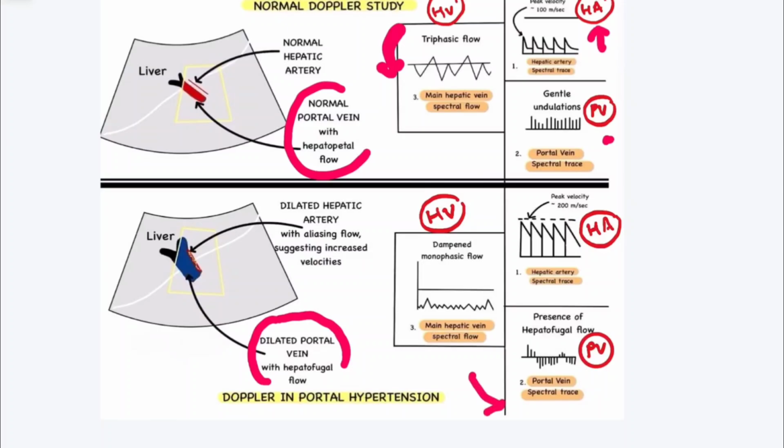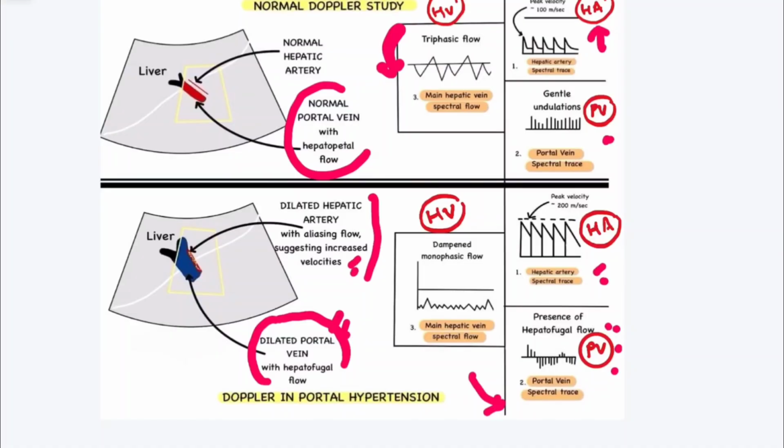The portal vein spectra show hepatofugal flow, sometimes absence of flow, reversal of flow, loss of undulations, and of course reduced PSV. As the portal vein blood supply is reduced, the hepatic artery becomes dilated, hypertrophied and tortuous. So in the hepatic artery trace, the peak velocity increases.